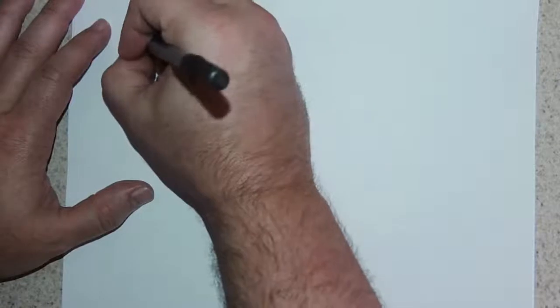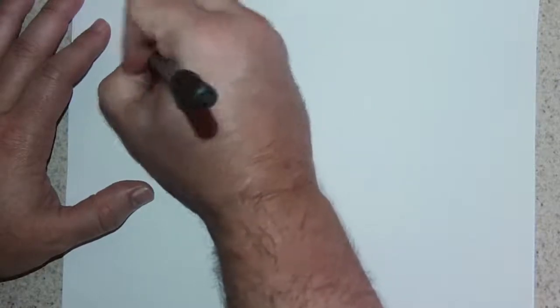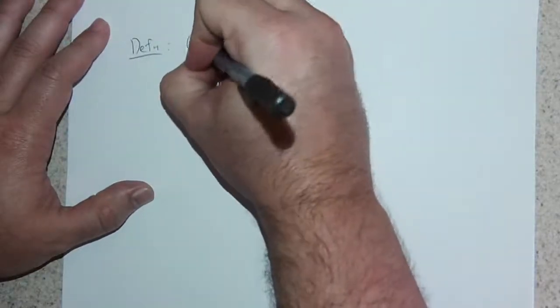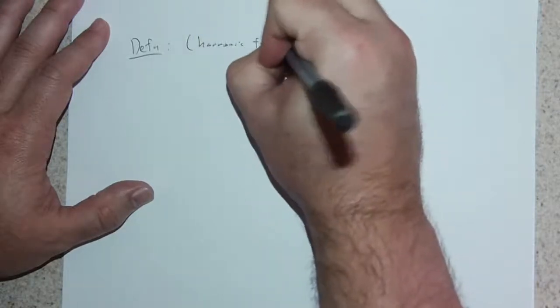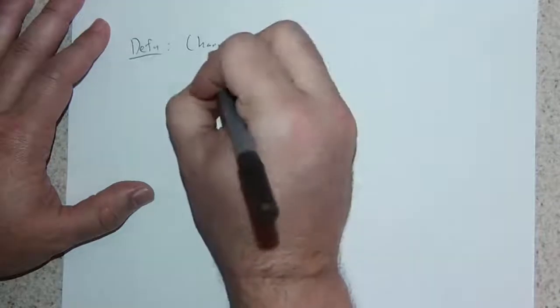So now I want to talk a little bit about harmonic functions. It is hard to progress, or I should say it's not really even that sensible to ignore harmonic functions showing up in early complex analysis. And so we have a definition of harmonic functions. Okay.